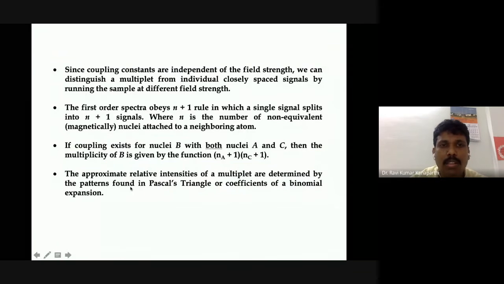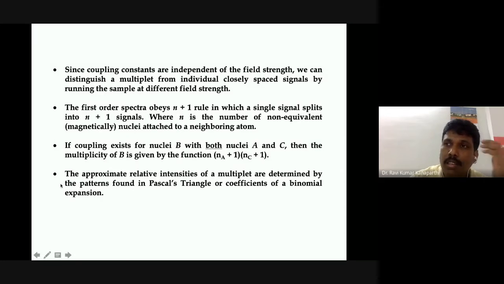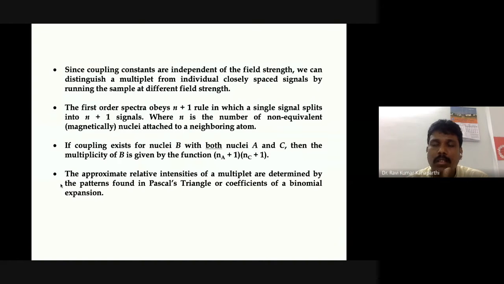Now, what are some of the other features of a first order spectrum? Essentially, if the protons are nearby, they couple very strongly, and then the spectrum becomes a second order spectrum. We will come to the definitions of second order spectra, but a second order spectrum becomes a first order spectrum as you increase the field strength.